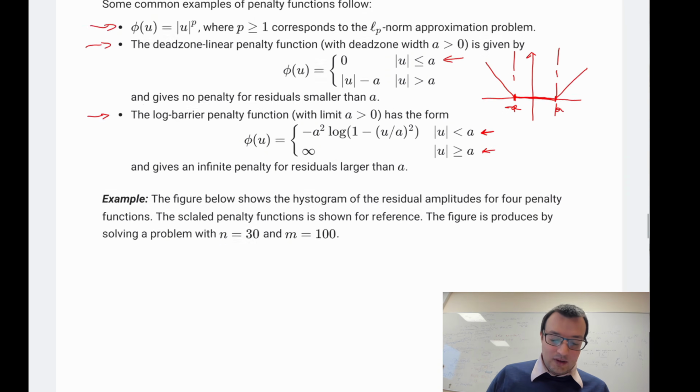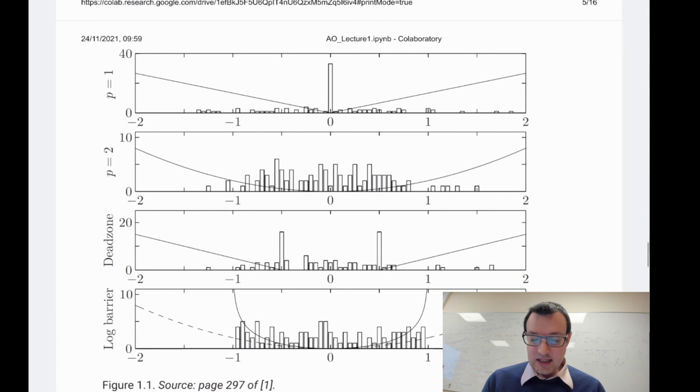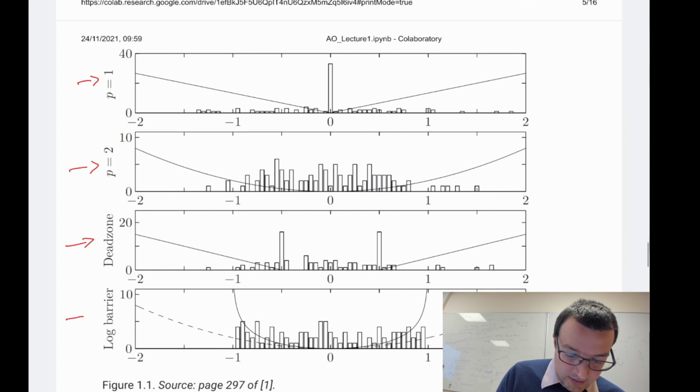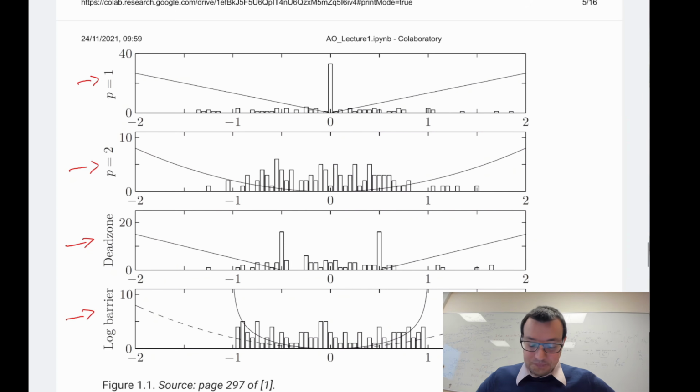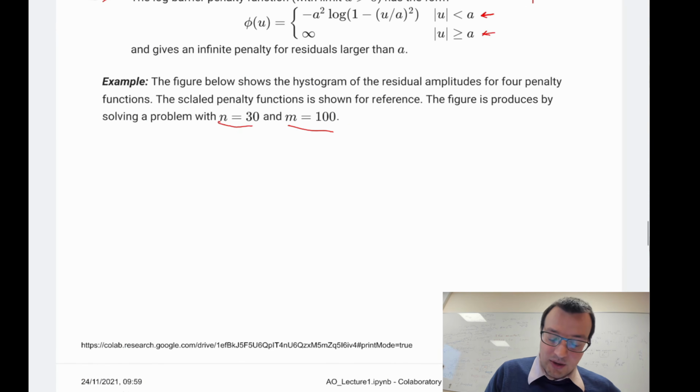Let's look at an example which compares the results of the minimization problem that we have seen for different penalty functions. Okay, so the top plot is using the L1 norm, then we have the L2 norm, then the dead zone linear penalty function, and then the log barrier penalty function. What we're plotting here is the histogram of the residuals in a problem in which n is 30, m is 100, and the matrix A and the vector b are generated randomly, okay?